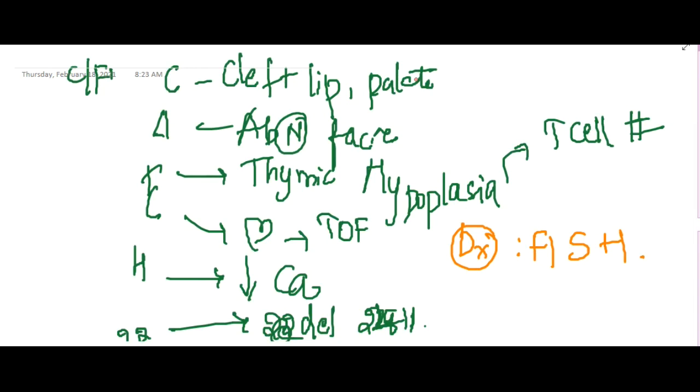C for cleft lip and cleft palate, A for abnormal facies, T for thymic hypoplasia, C for cardiac defects like tetralogy of Fallot, H for hypocalcemia, and 22 is deletion 22q11. Diagnosis of this is done by FISH, that is fluorescent in situ hybridization.